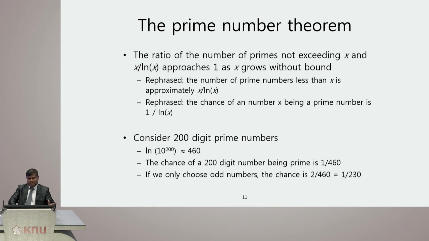If you choose an odd number, because we know that even numbers cannot be prime, the chances are 2 by 460, which is 1 by 230.